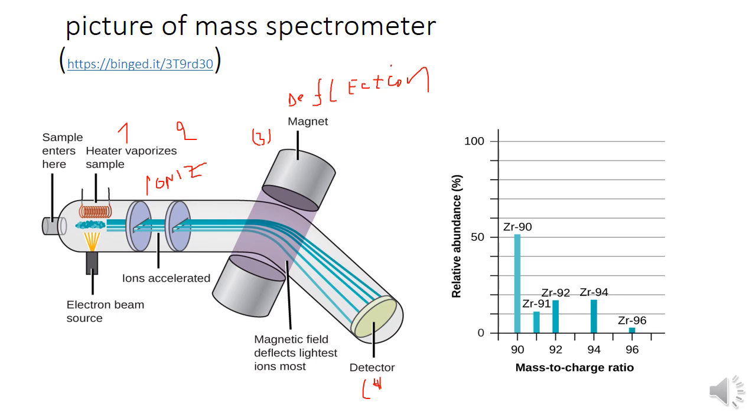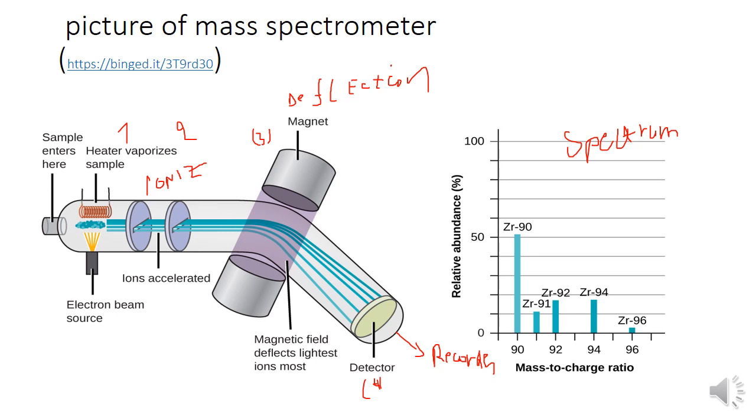The recorder is the last chamber. Then the result will be recorded in the form of a mass spectrum. I think you see how this mass spectrometer works.